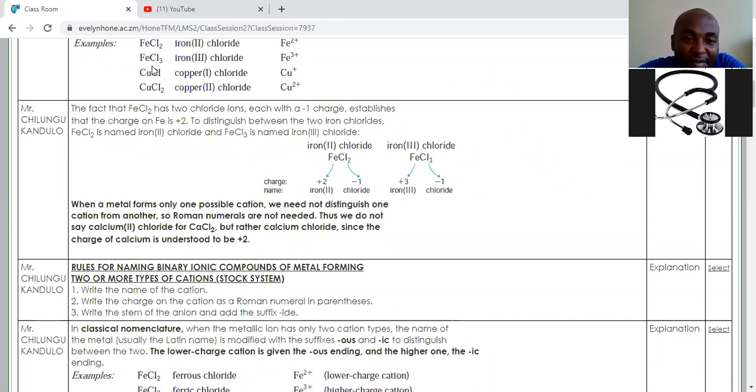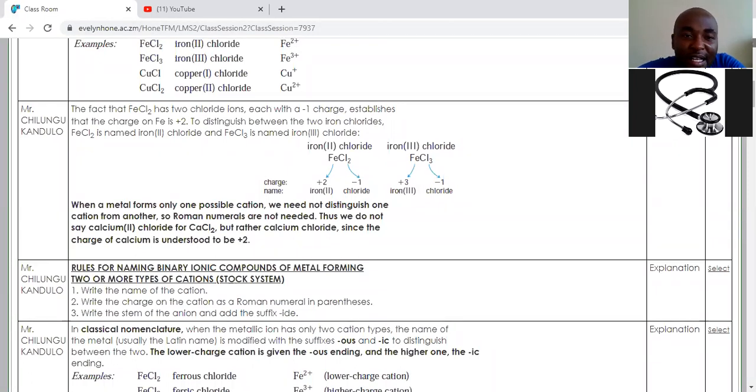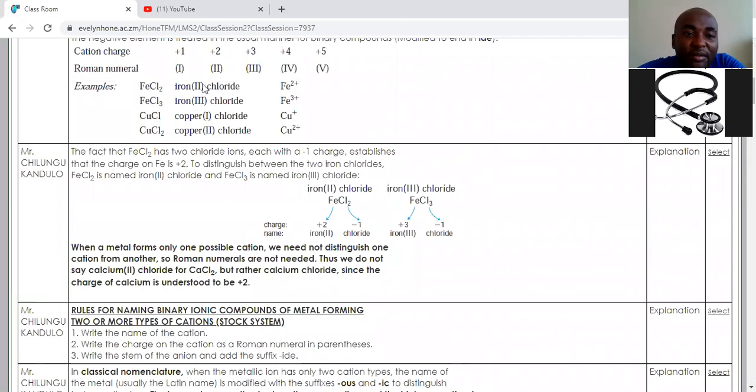So 2 times -1 is -2. Because we know that the sum of oxidation numbers must be 0, if this is -2, then this is +2. So this is Fe2+. That's why we are calling that one iron 2 chloride.